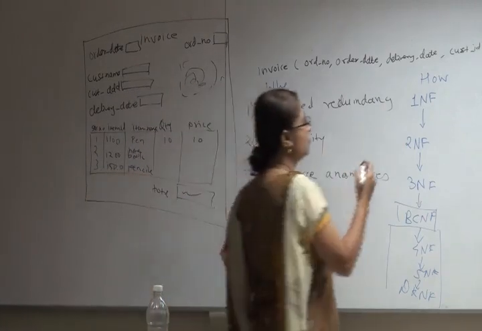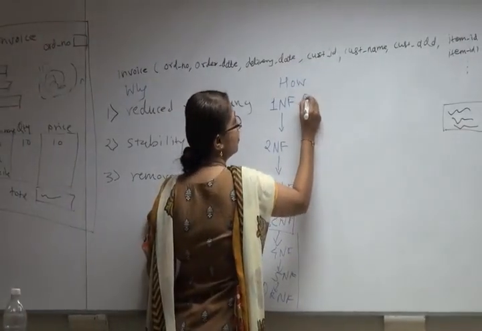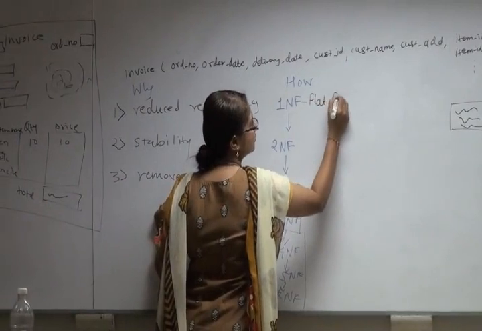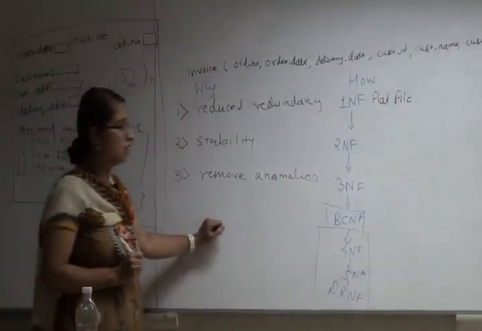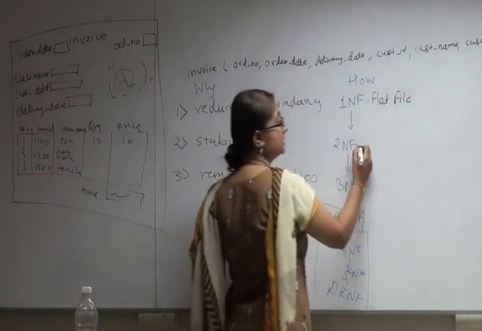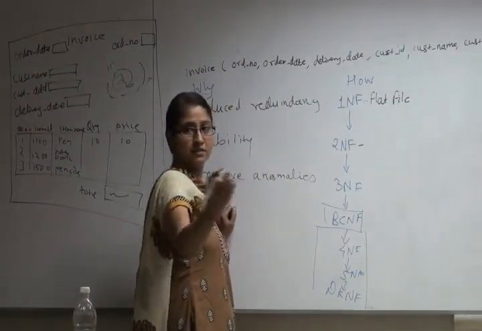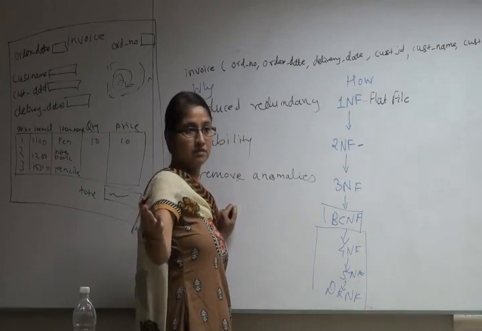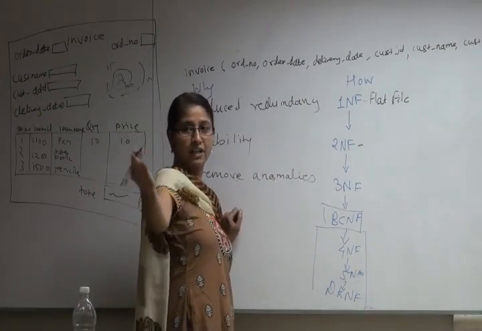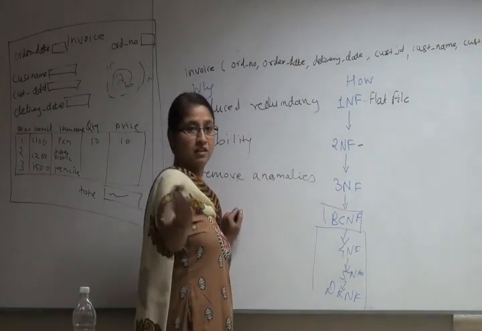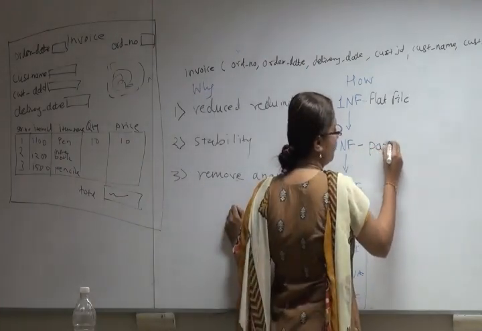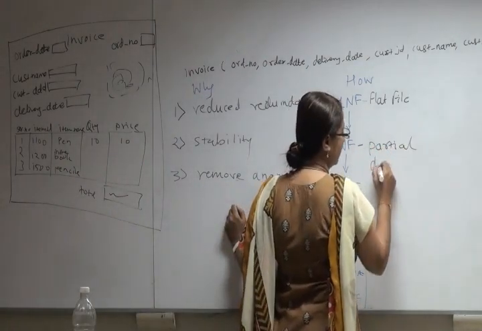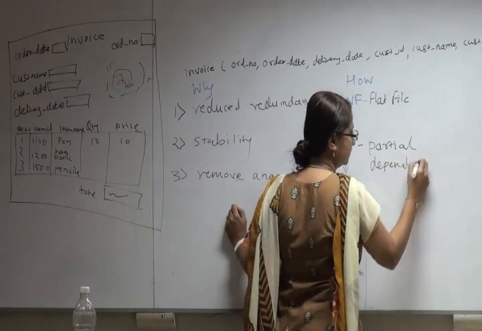So first normal form is known as a flat file. Second normal form is known as partial dependency.